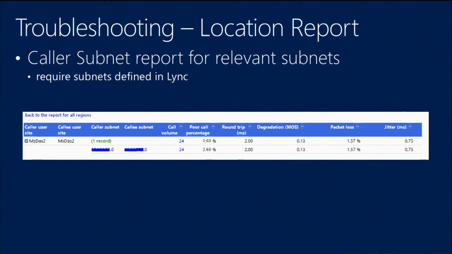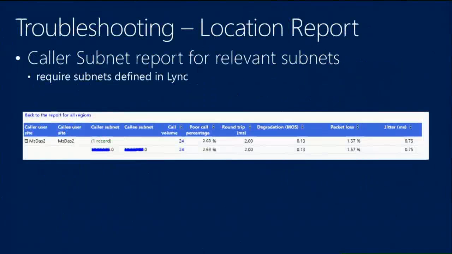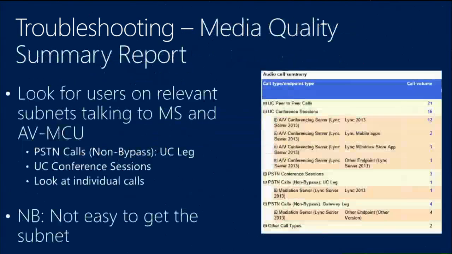You look at your subnet reports to see if one of your subnets is creating a problem, because it might be that it's not router 4, it might be that it's subnet 3 that is the problem, right? So you want to go down the media path and remove elements, variables from the equation to find where the problem is. So I would always start by looking at the subnet report and see if I can see evidence from that report.